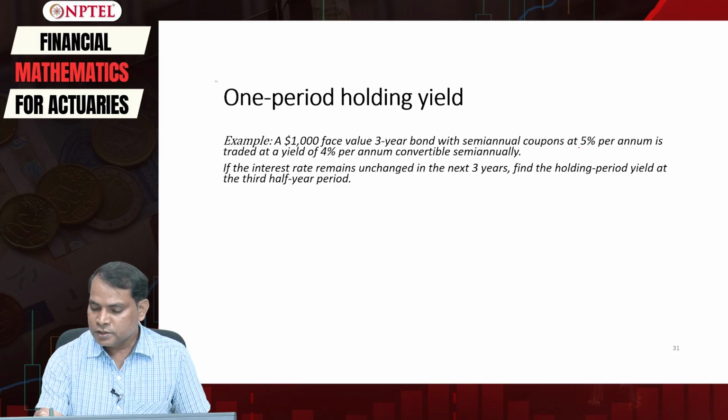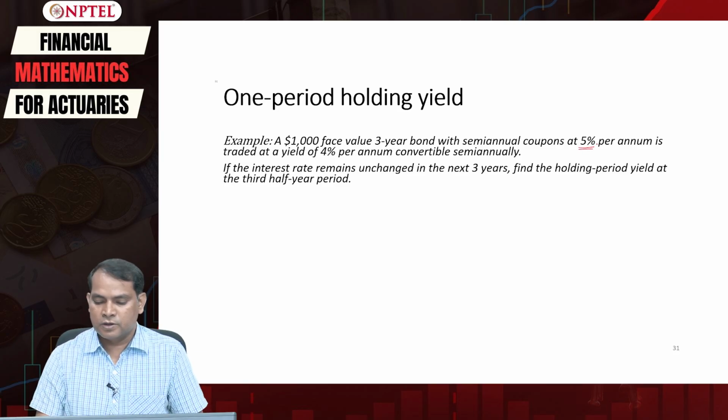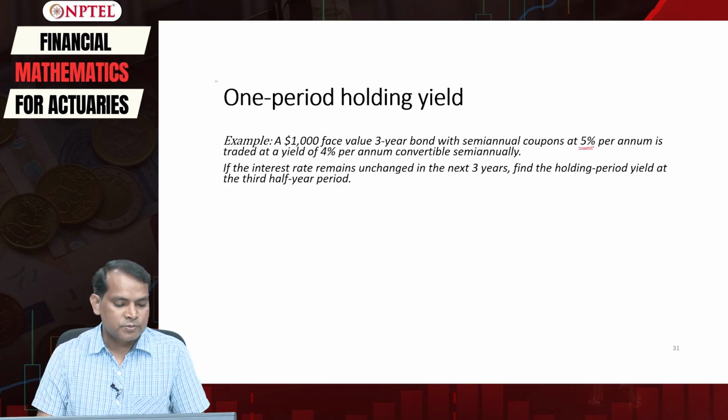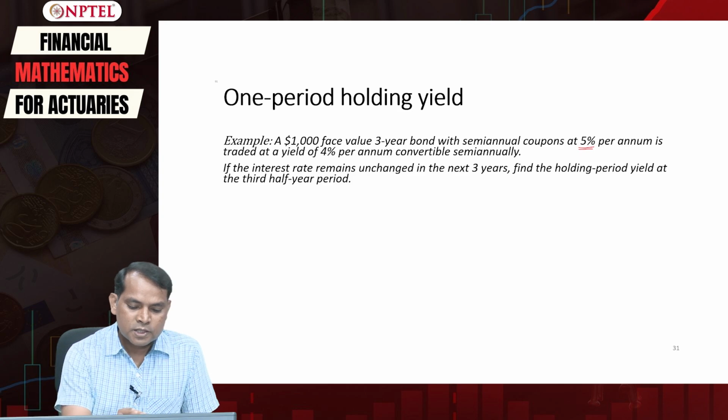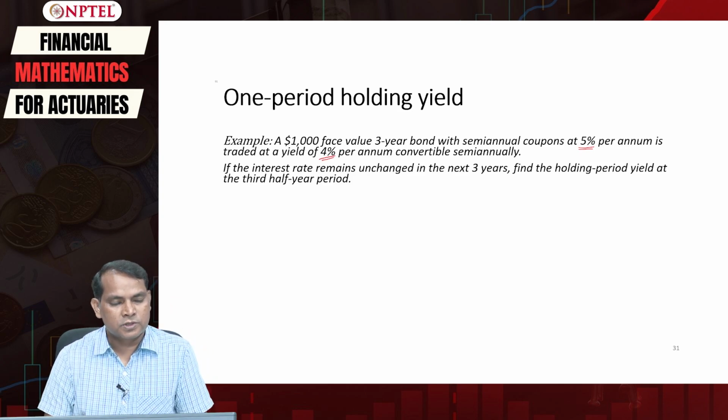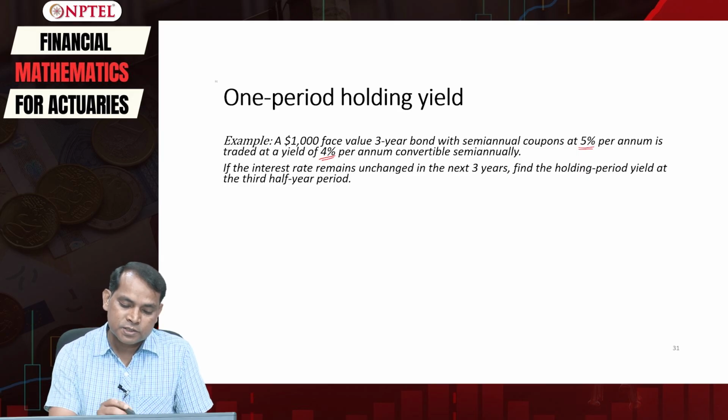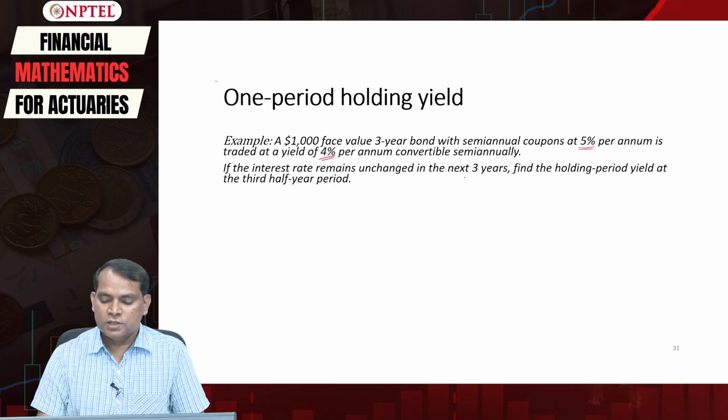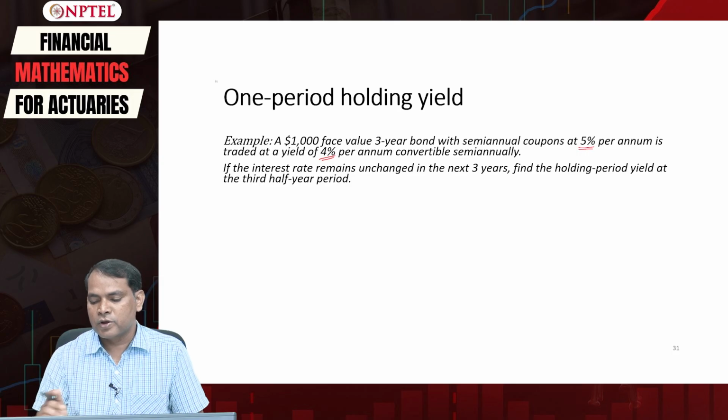The coupon rate is 5% per annum, compounded semi-annually, traded at the yield of 4% per annum, convertible semi-annually, and if the interest rate remains unchanged in the next 3 years, then we have to find out what the holding period yield is at the third half year period.